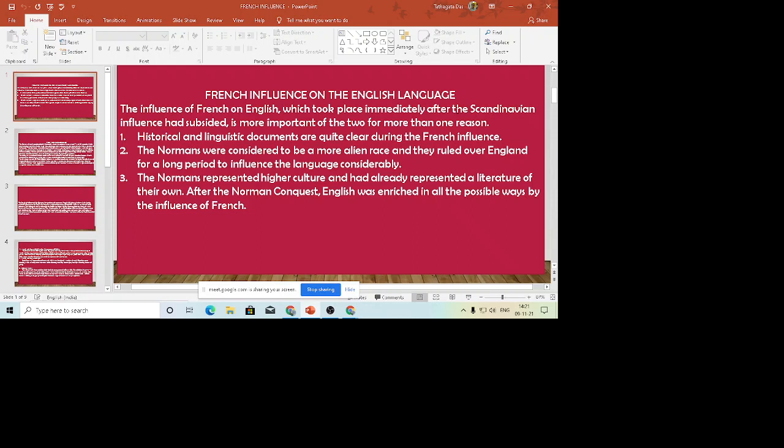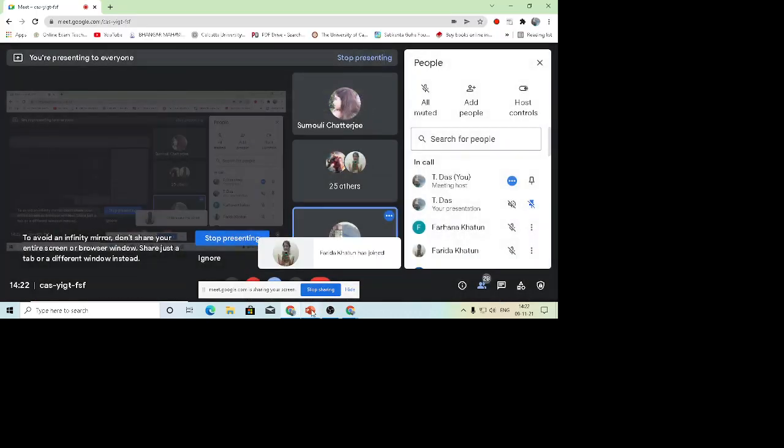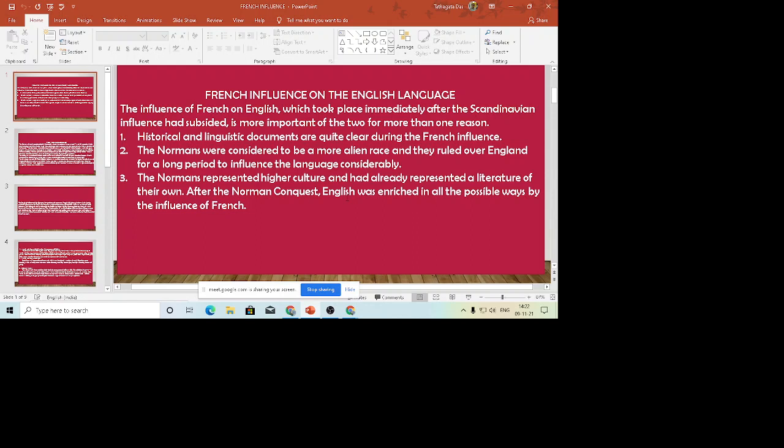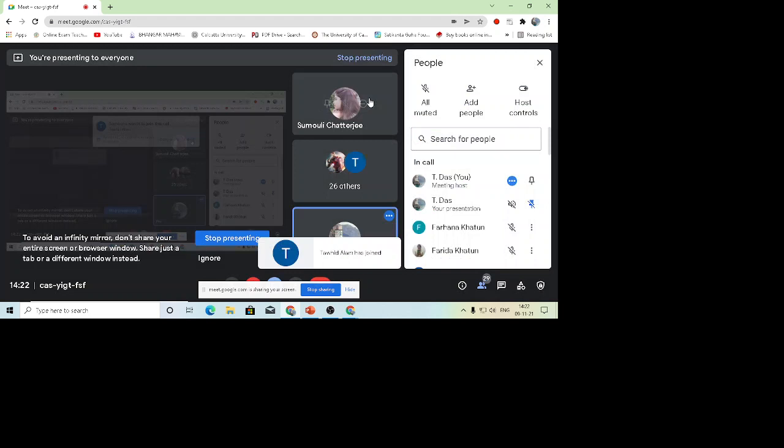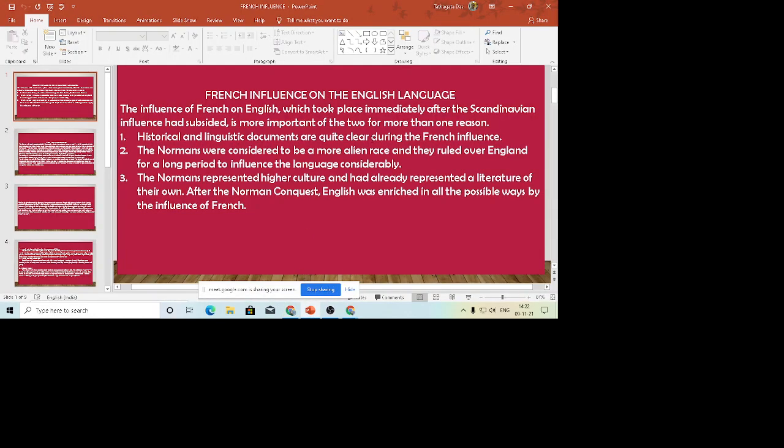As we have seen, the Normans were culturally and socially superior to the English, and they did not mix with the English intimately as the Scandinavian people had done before them. They represented a higher culture, and obviously, since they were superior in social position and culturally, they regarded England as something like a colony.